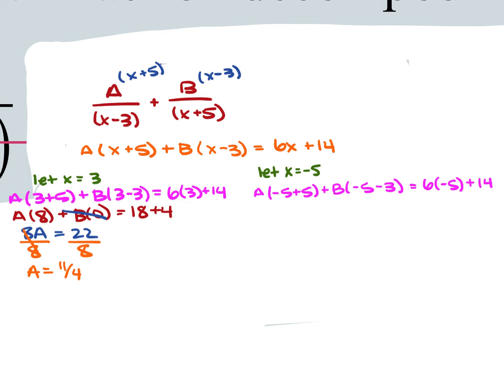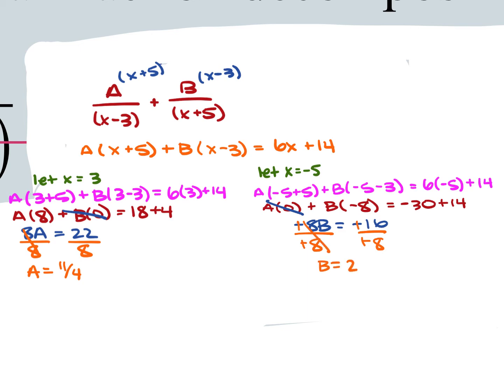From here, we're going to have a times 0 plus b times negative 8 is equal to negative 30 plus 14. That a times 0 is going to cancel out. The b times negative 8 is negative 8b, and then the negative 30 plus the 14 gives us negative 16. We're going to divide each side by the negative 8. These negatives turn into positives, and b is equal to 2.